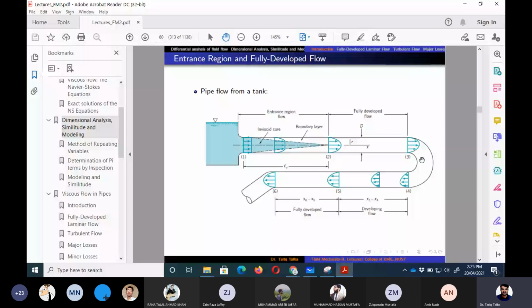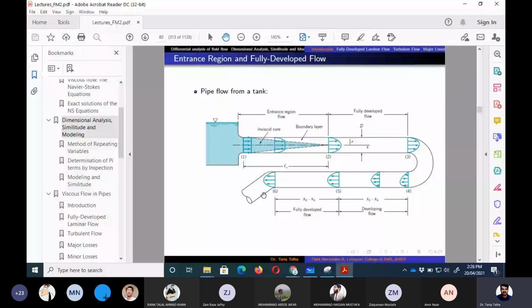So we can see that once it enters the pipe, in the beginning for a certain length there is an entrance region, right? And then after that entrance region, we have fully developed flow up till the start of this U bend, and then after this U bend there is again some kind of developing flow at the start, and then fully developed region after that, and then there is another discontinuity where the direction of flow is changed.